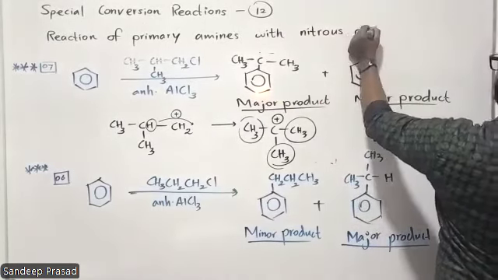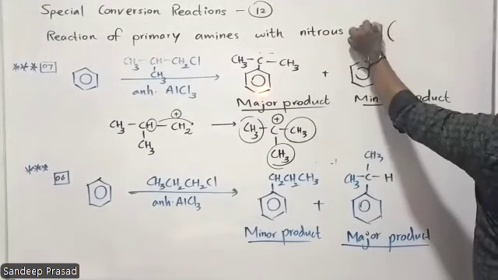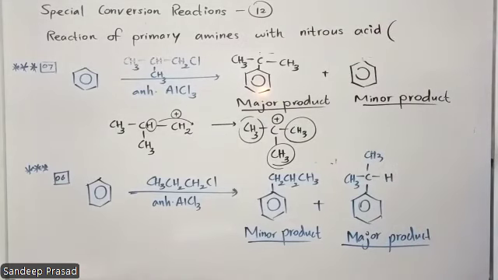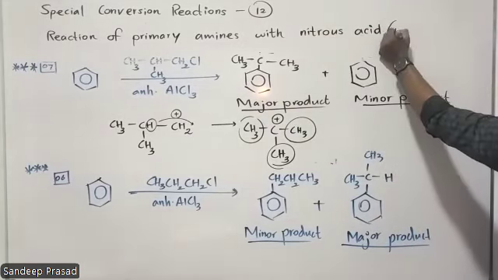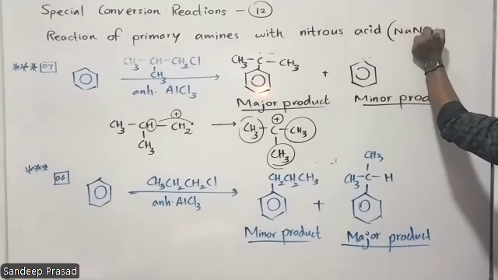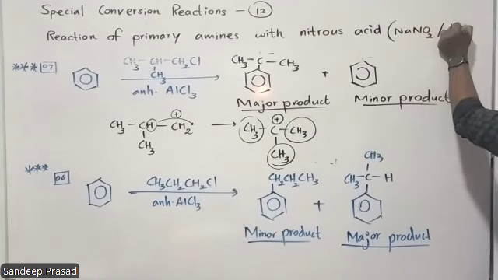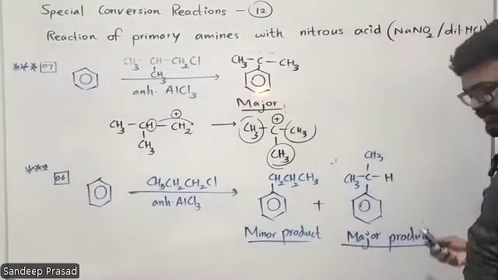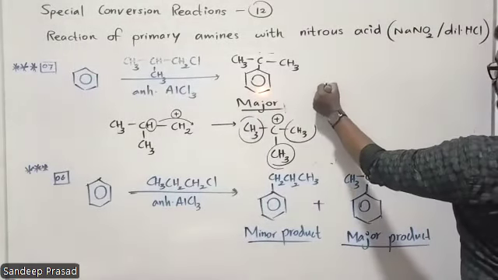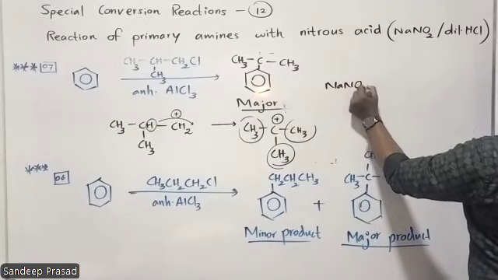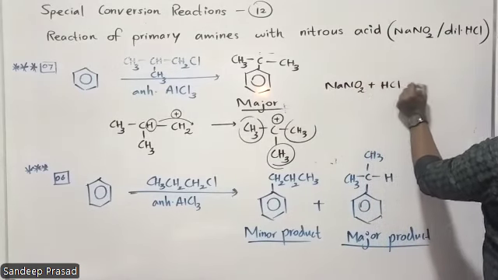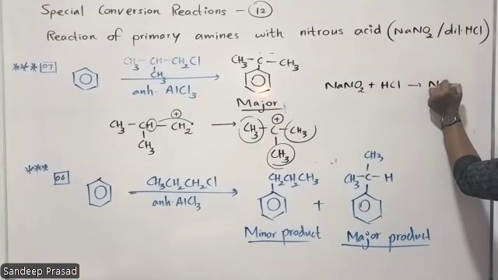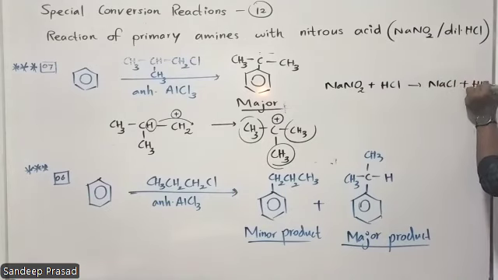But remember, nitrous acid is unstable, so therefore we are adding sodium nitrite and diluted HCl both together to produce nitrous acid. Because students, when we add sodium nitrite along with HCl, what will happen? You can see that sodium nitrite and HCl produce sodium chloride and HNO2, nitrous acid.